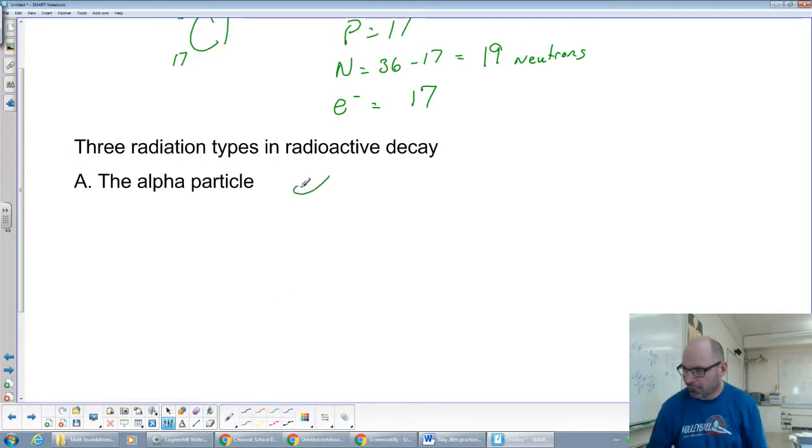Okay, so like this. And an alpha particle has 4 nucleons, or nuclear particles, and 2 of them are protons. Or, as we know that's helium, because helium is the second element, it can be written like this.